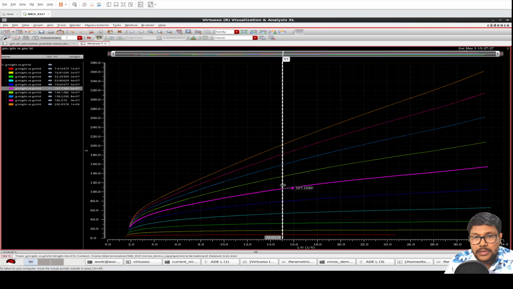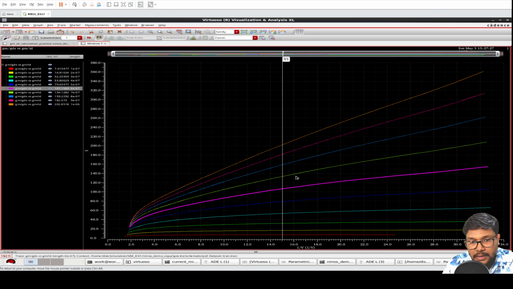I'm assuming 10 at the next stage, so 107 times 10 will be around 60 dB, I'm guessing. So 600 nano is good enough, we can take that.